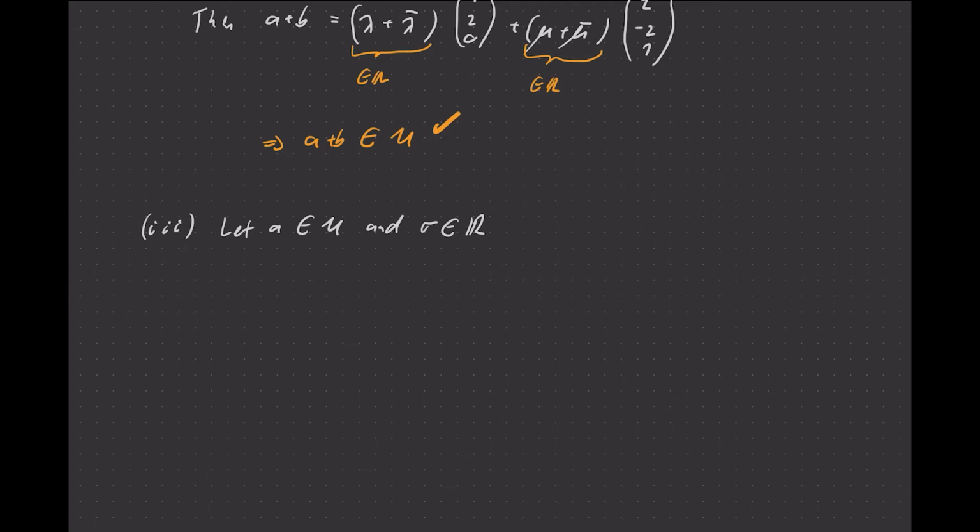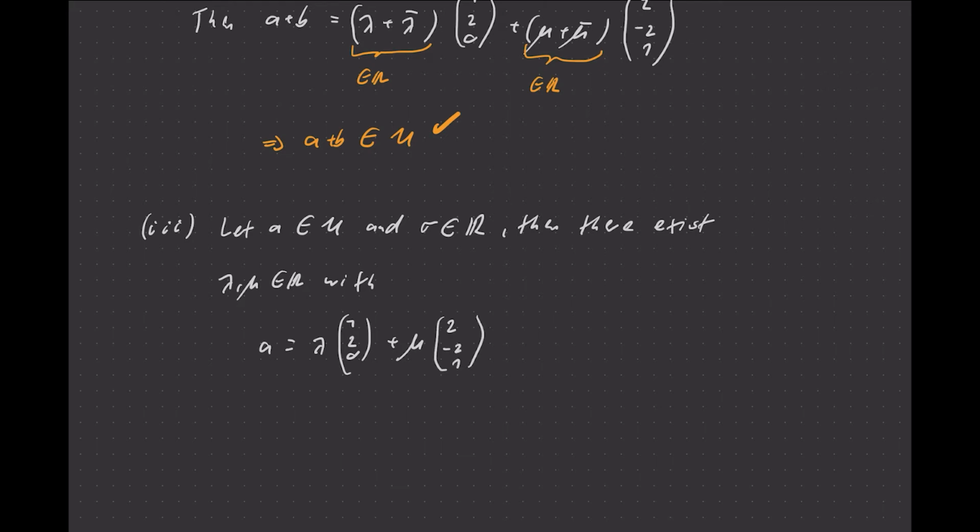So let a be in U and let sigma be in R. Then as above, there exist lambda and mu in R such that a equals lambda times (1, 2, 0) plus mu times (2, -2, 1).